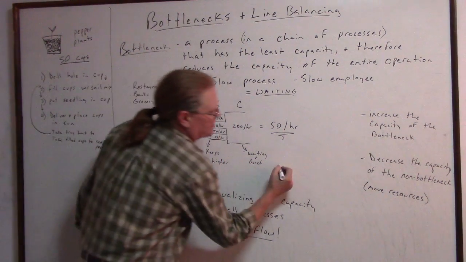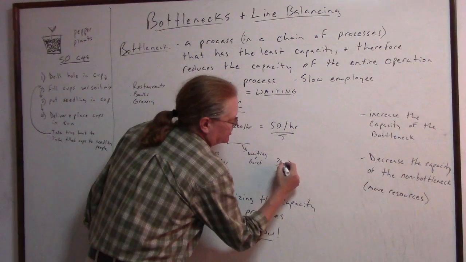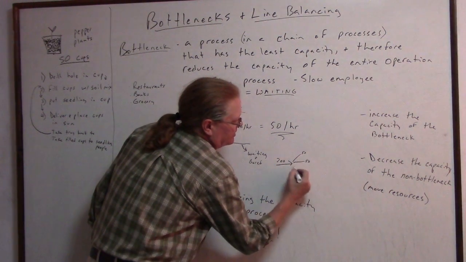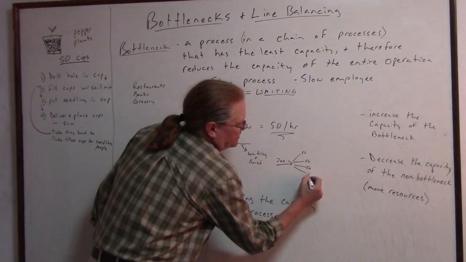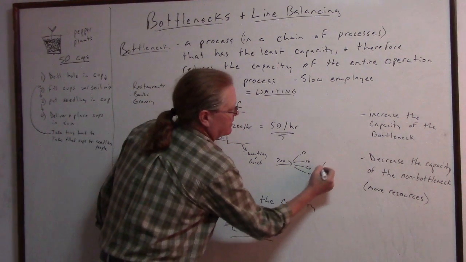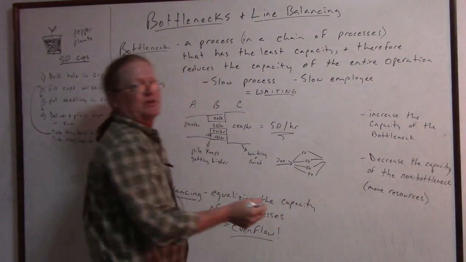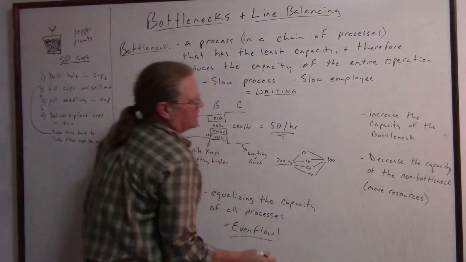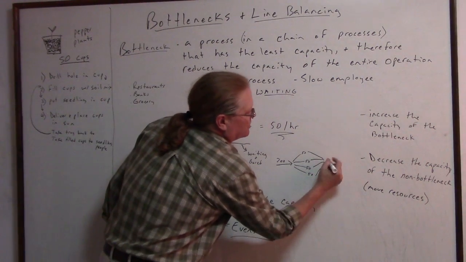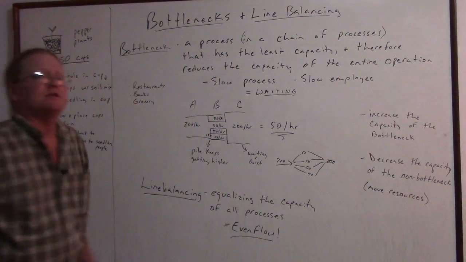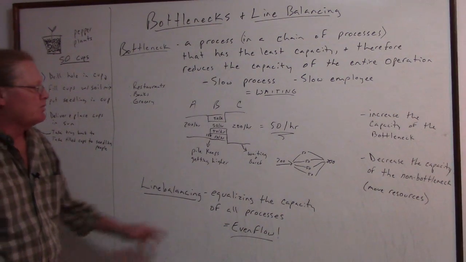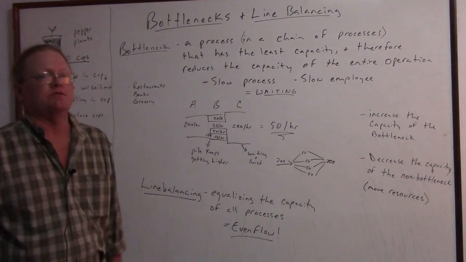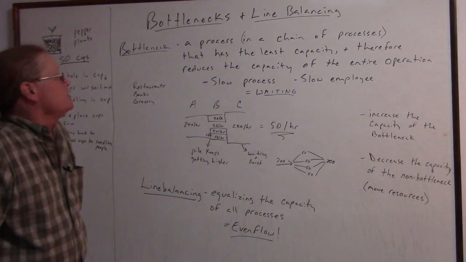So now the operation would look like we're doing 200, and then 50 of them would go over here, 50 here, 50 here, 50 here, and feed back into, starting to look like a precedence chart, back into the 200. So now we have balanced the line, we've equalized the capacity of all the processes, and we have now achieved even flow.